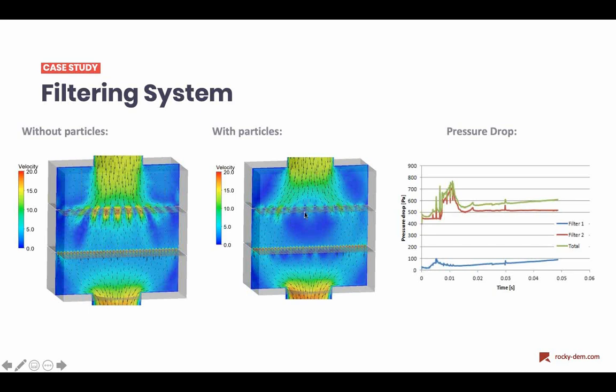Instead of going through the central region of the filter, it starts feeling the presence of the solid phase and starts moving through the surroundings to the more outer regions of the filter. And on the plot here, you can see the effect on the pressure drop.